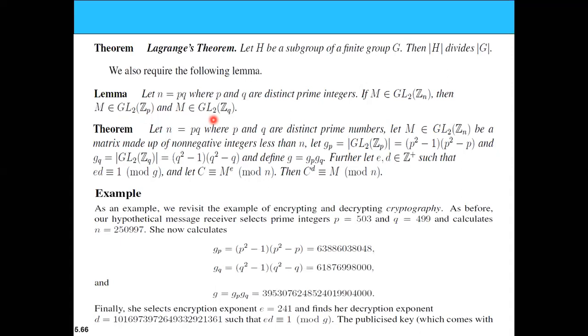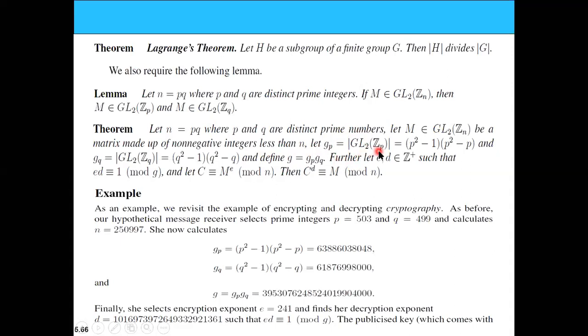In that case, let M belong to this group, be the matrix made up of non-negative integers such that M is less than n. Let G_p be the order of G_p.